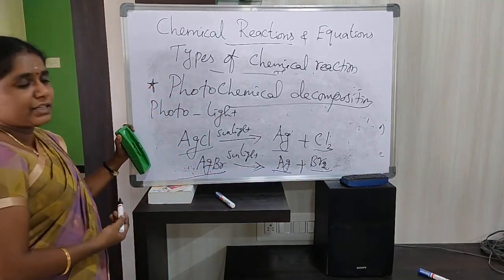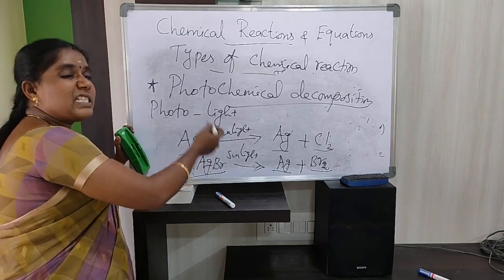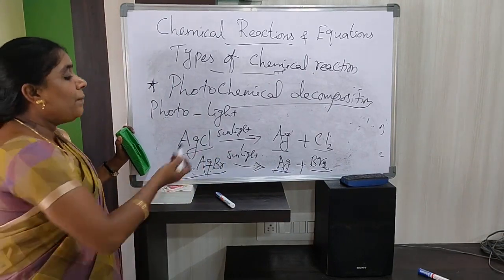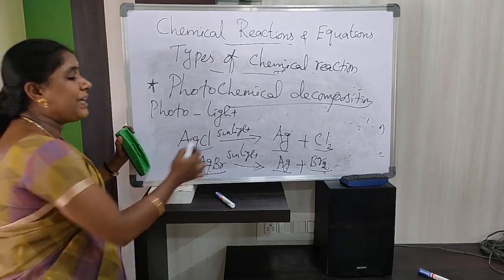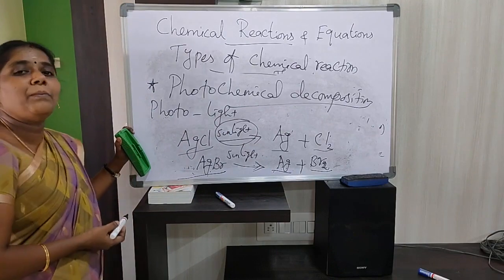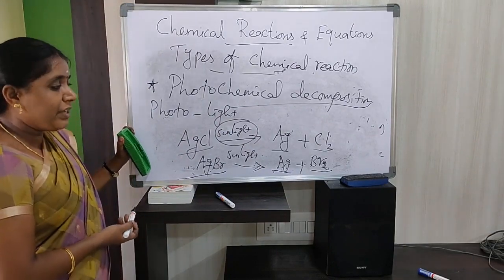In these two reactions, a single substance splits to form two or more substances. So this is a decomposition reaction, but it takes place in presence of sunlight. So this is called photochemical decomposition reaction.